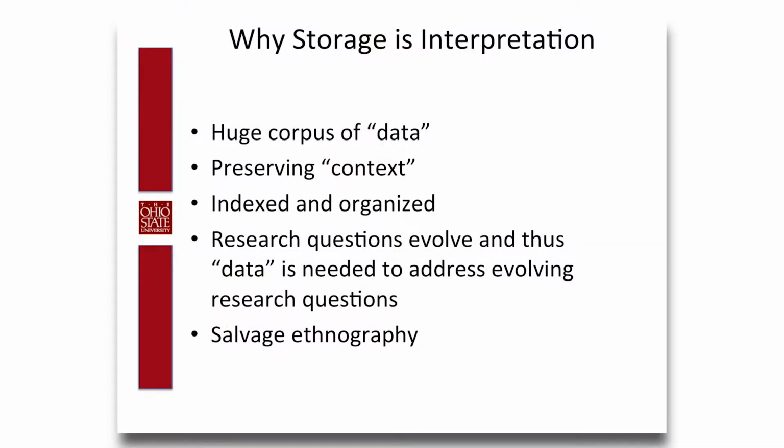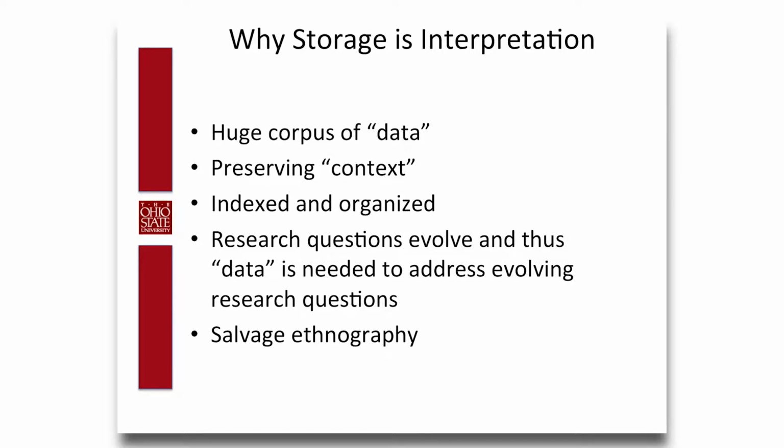All right? But here's the thing. For anybody to take any one piece of that data out of that corpus and interpret it and look at it without understanding the context of which it was a part is to distort that piece of data. Right?